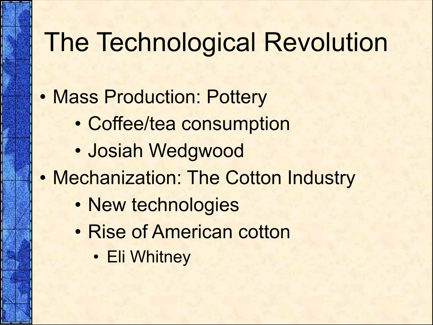You also have mechanization come into play, and this is where you see it, or you think of it, hopefully, through the cotton industry. Because there was such a strong market for cotton cloth, but the plant did not grow in Europe, it was hard for Europeans, specifically Britain's cotton factories, to find cheap cotton.